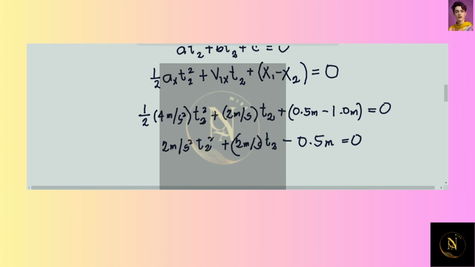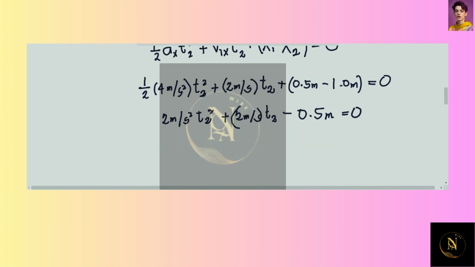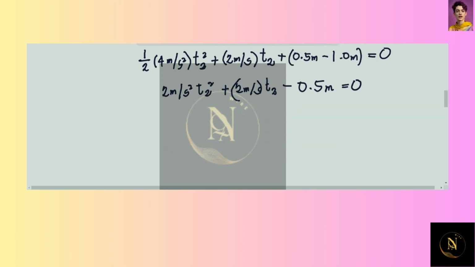To solve for t sub 2, we will use the quadratic formula, which is t sub 2 is equal to negative b plus or minus square root of b squared minus 4ac over 2a.